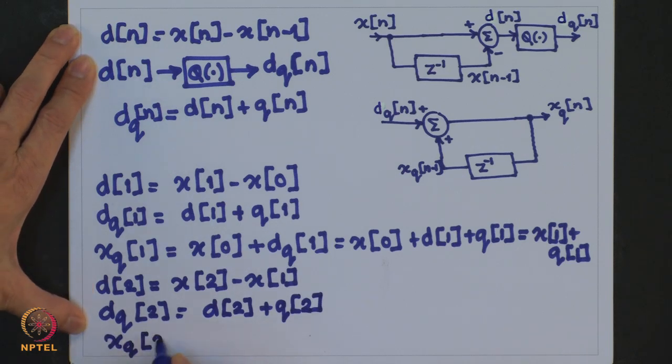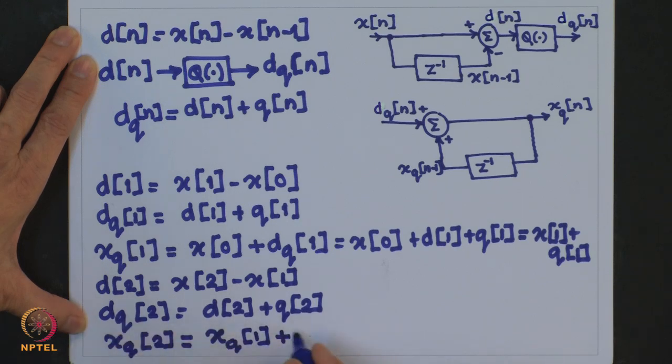The reconstructed sample at the receiver would be equal to the previous reconstructed sample plus the difference, dq2.